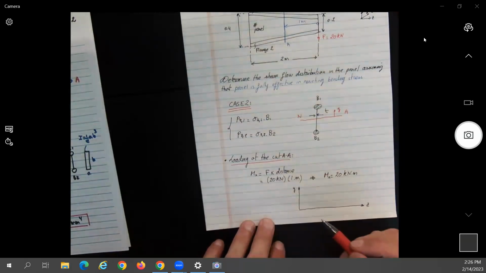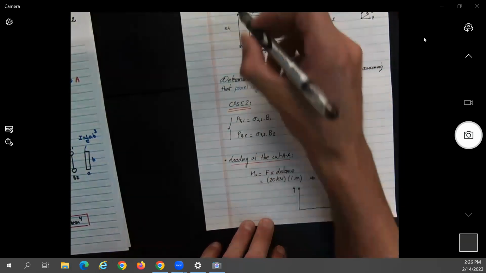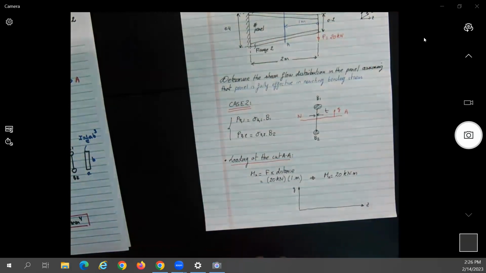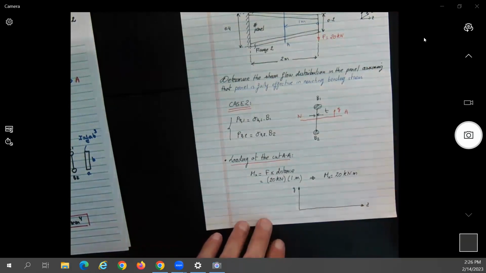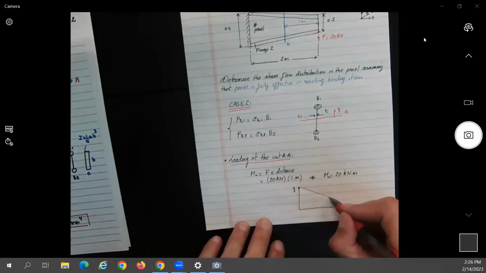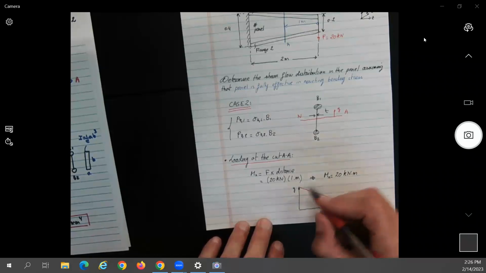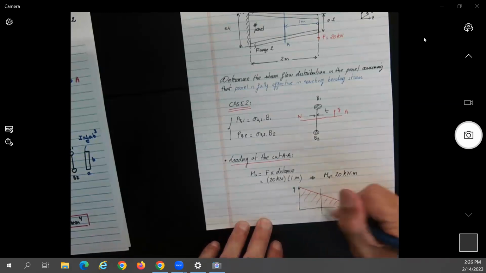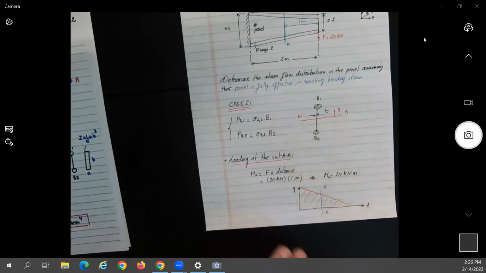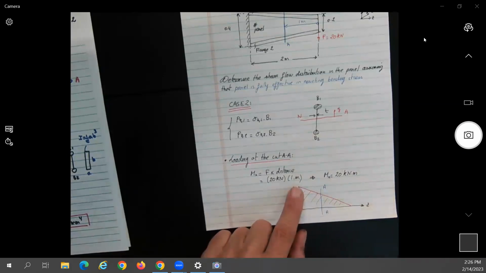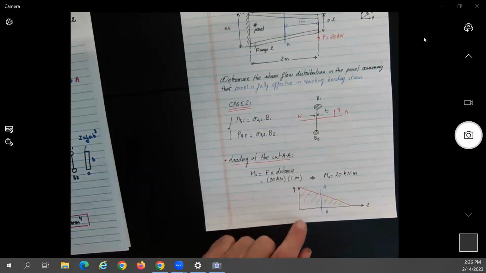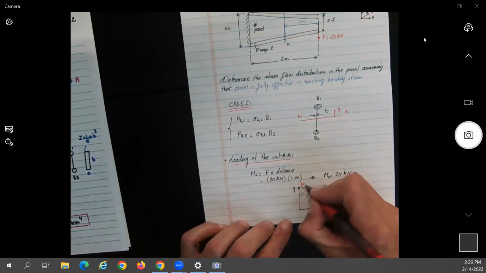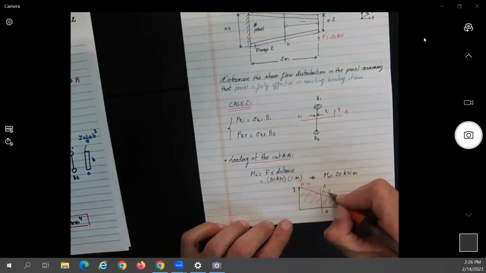If something is a cantilever, what will be the maximum moment? At the edge, and what should be the moment at the free end? 0. So it would be something like this. We are right here. What should be the moment at the root? It would be 20 kilonewtons times 2, no? 40. So here would be M 0, M 40, M 20.